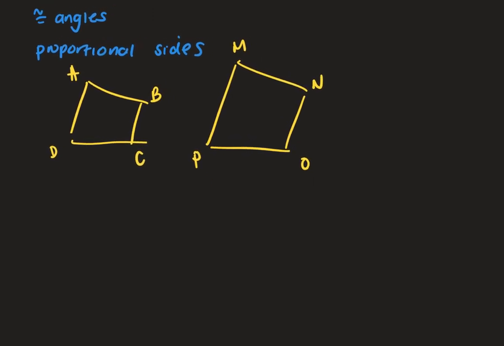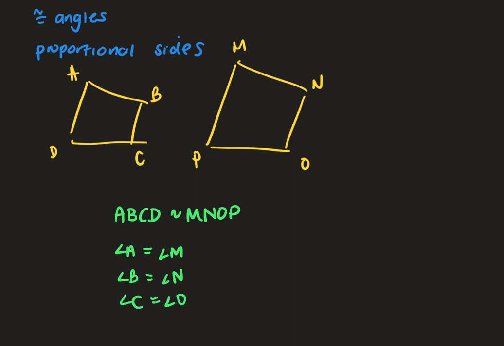It could ask you for the statement of similarity, or it could give you the statement of similarity like A, B, C, D is similar to M, N, O, P, in which the order of the letters is important because angle A would be congruent to angle M, angle B would equal angle N, angle C would equal angle O, and angle D would equal angle P.